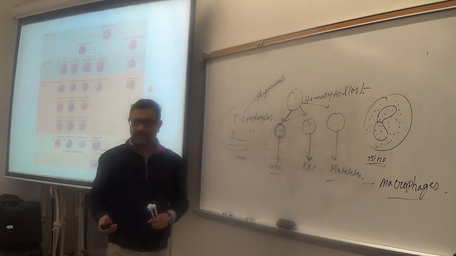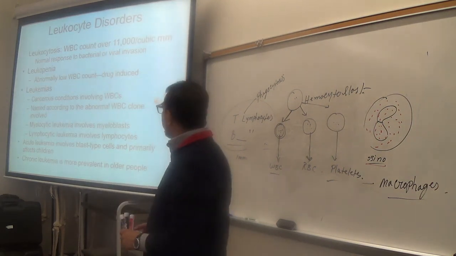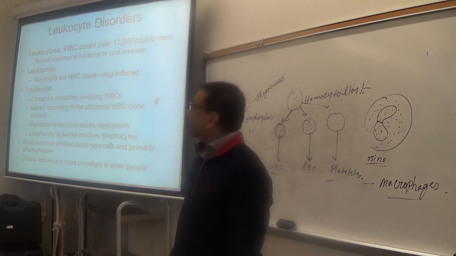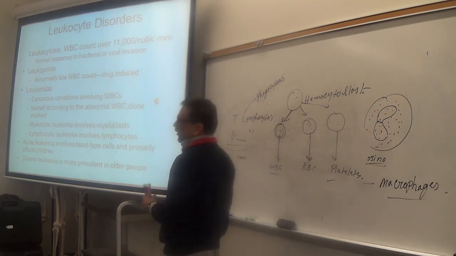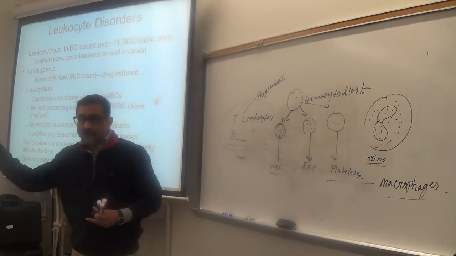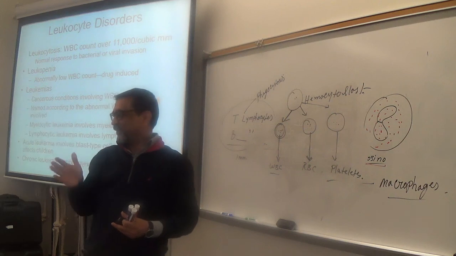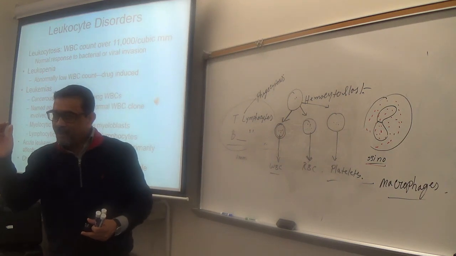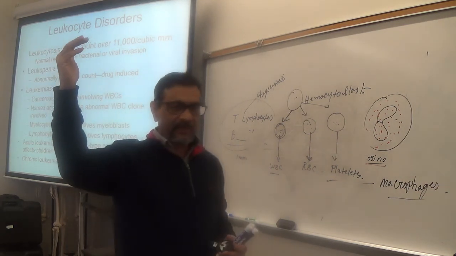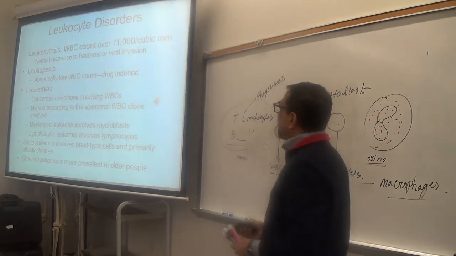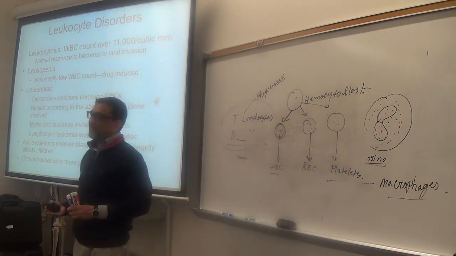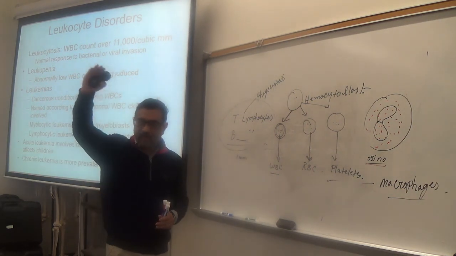Differentiation of stem cells. Okay, leukocyte disorders. You remember I said that normal count is 4,000 to what? 11,000, right? So if the number of white blood cells goes above 11, that is called leukocytosis. That means slightly above the upper range, right?